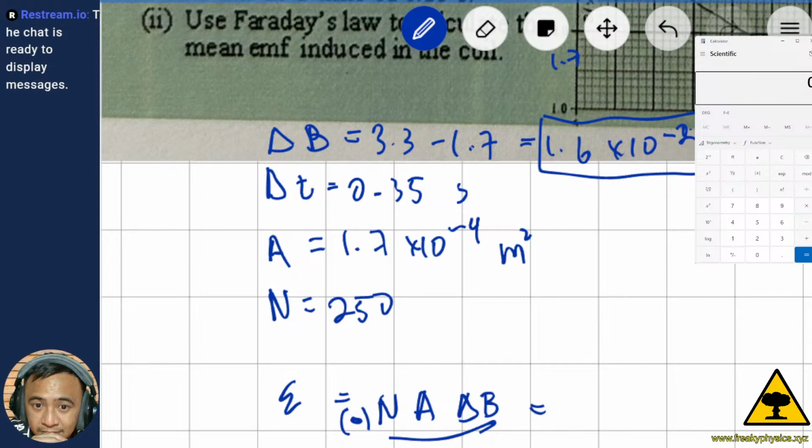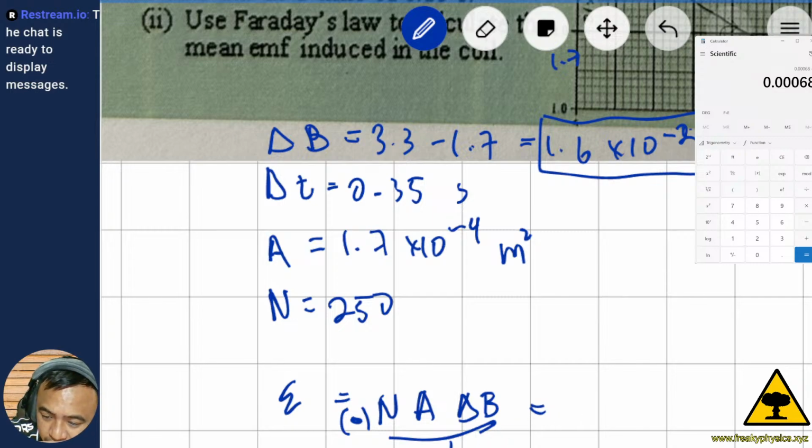Okay, so that's going to be 250 times 1.7 exponent negative 4 times delta B, which is 1.6 exponent of negative 2. Then we're gonna divide that by the time delta T, 0.35.